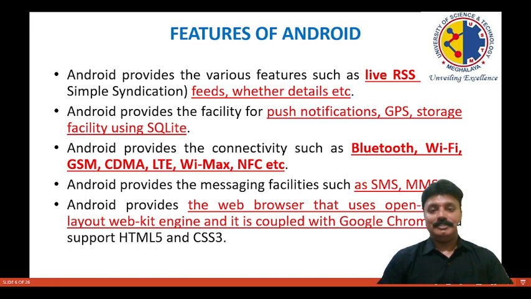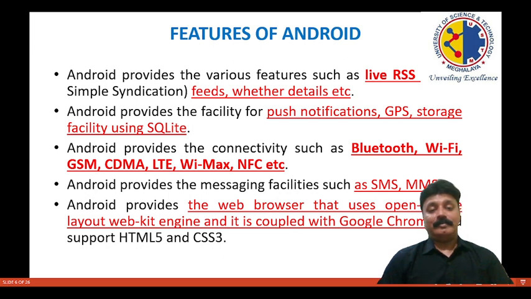The features of Android. The various features include live RSS, Really Simple Syndication, which feeds the weather details, etc. Then it provides the facility for push notifications, GPS, and storage using SQLite.